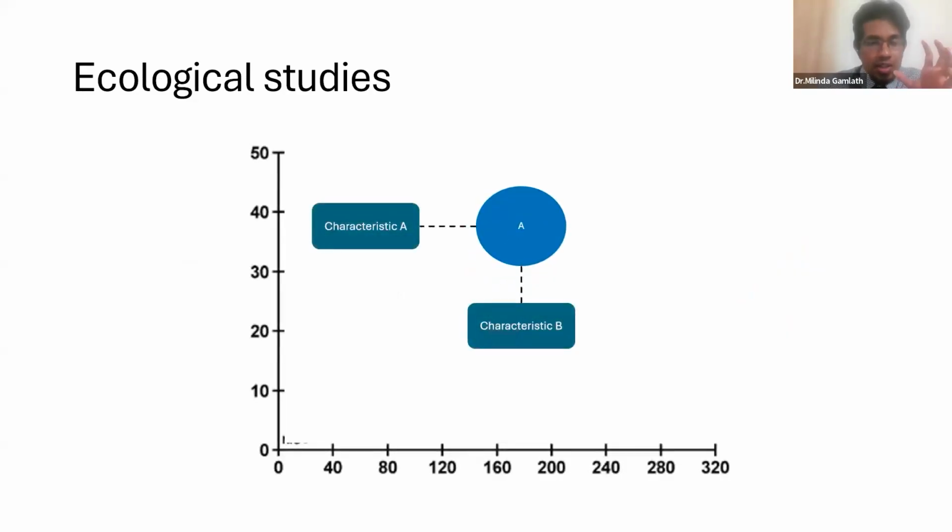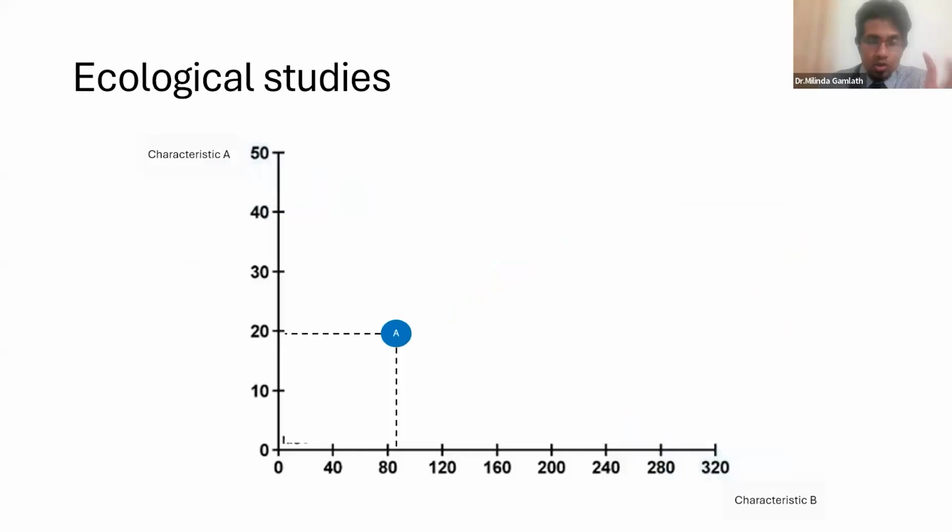And then you graph those two characteristics on such a graph. Then you take different populations. So A can be one country, and then you take other countries as well, and you graph their characteristics on a graph like this as well. And then you can compare these different patterns.